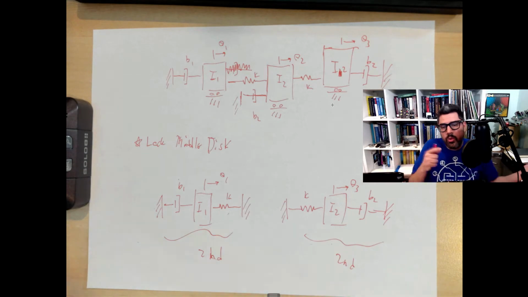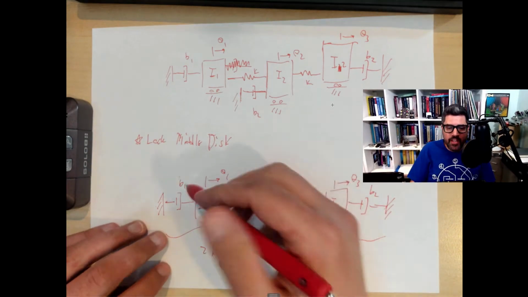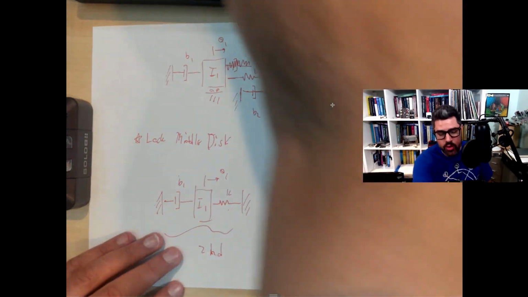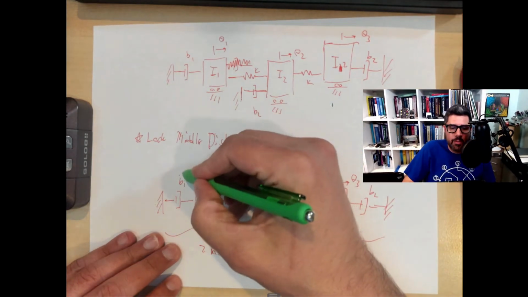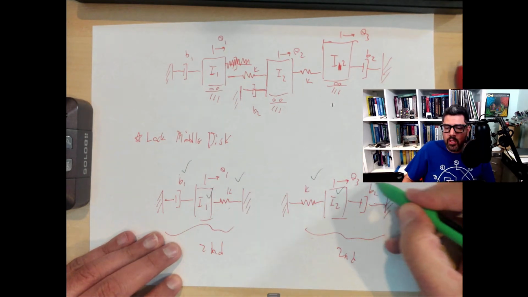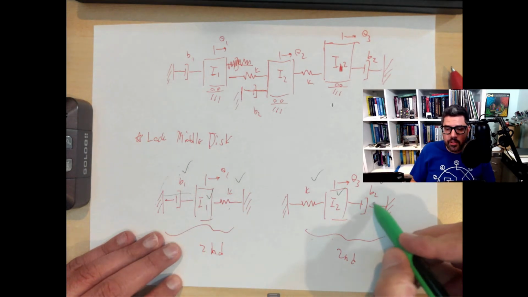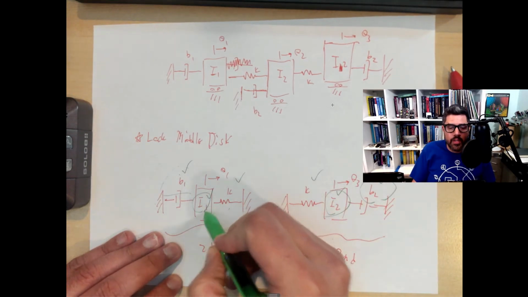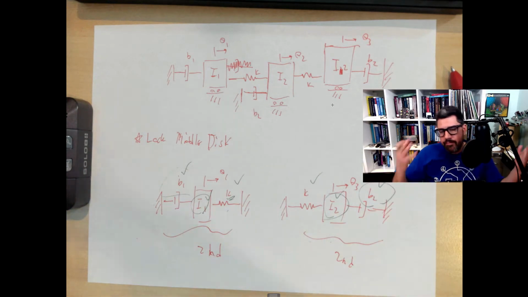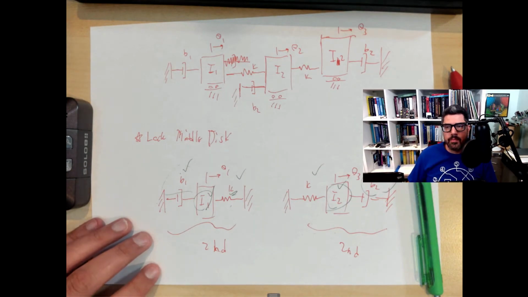So we just do two experiments independent of each other, and of course the whole goal is to use that experiment to figure out what these values are. Now notice their B's are going to be quite different and their I's are going to be quite different, but their K's should be very similar. Okay. Awesome. What's next?